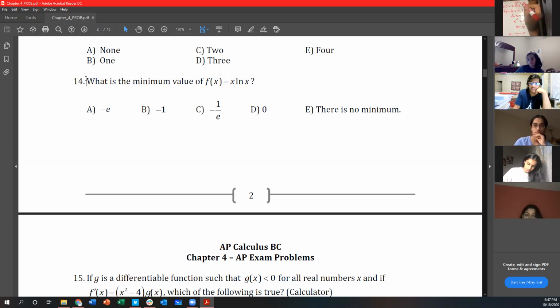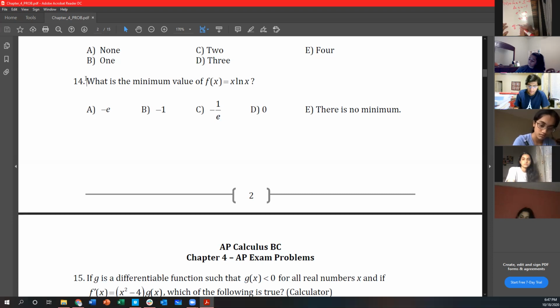Can I take ln of 0? No. So that means x is always greater than 0. That means I have 0 as an endpoint. It's not a critical value, it's an open endpoint. 0, 1 over e is my critical value, and then it goes unbounded, essentially.